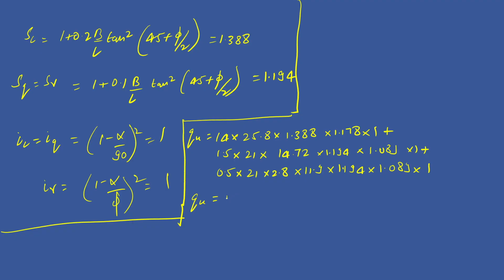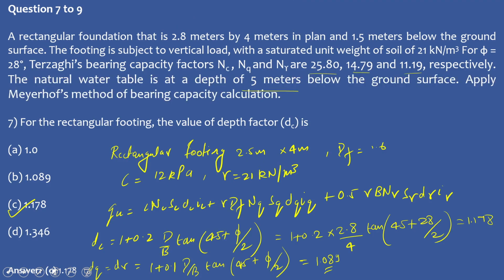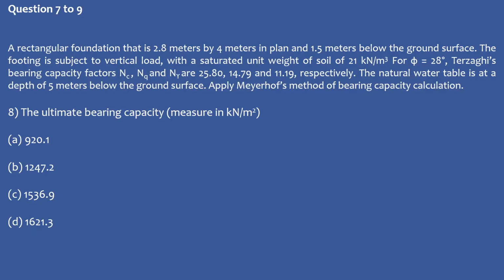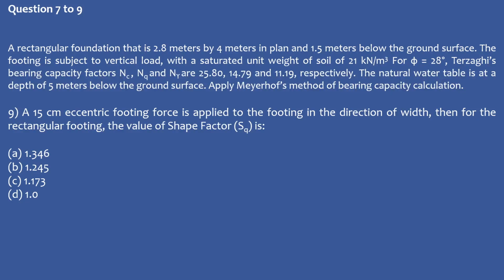So the ultimate bearing capacity will turn out as 1621.3 kilonewton per meter square. Let's check the next question. Yeah, so this is the ultimate bearing capacity which we have calculated, 1621.3. Moving to the question number 9.